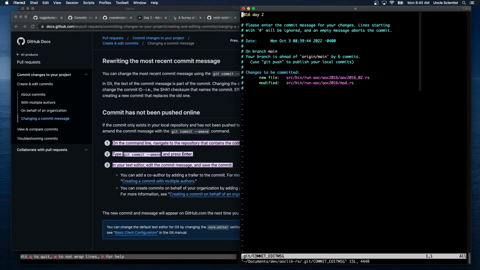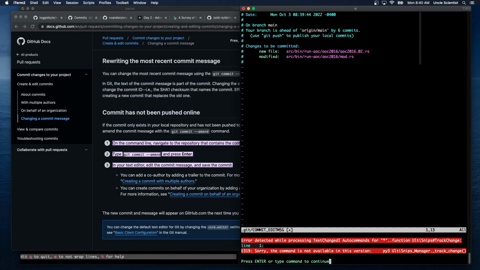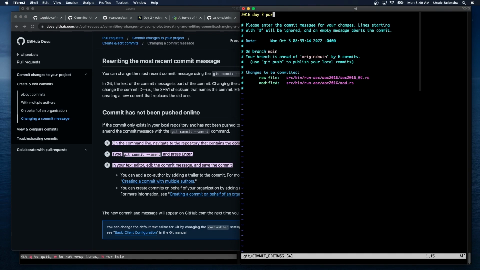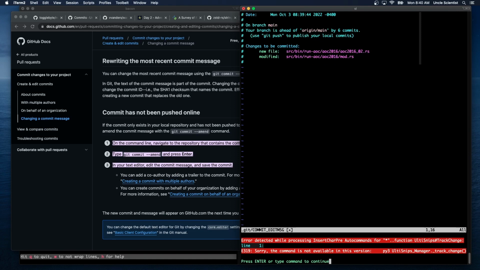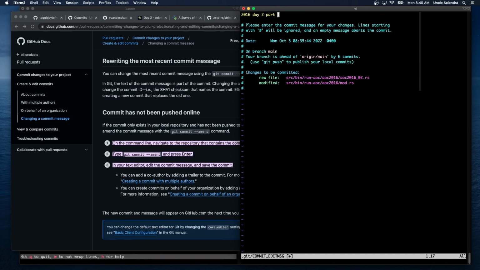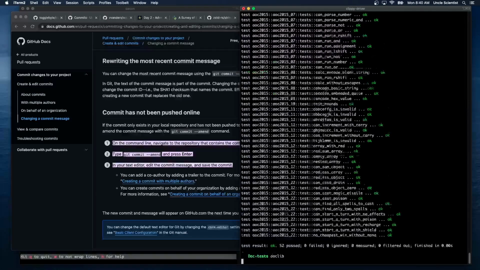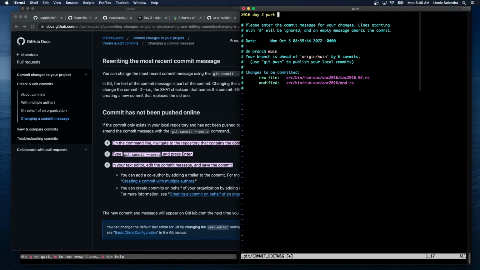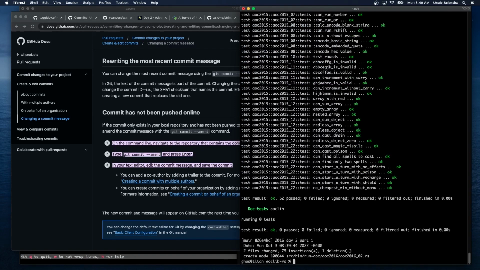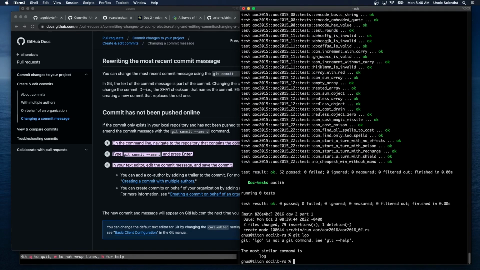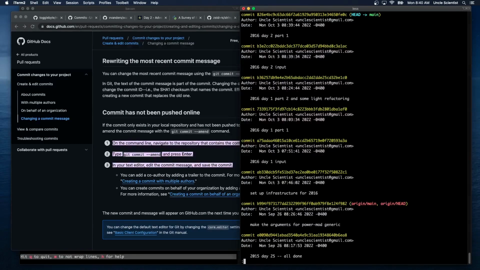Oh, this is annoying. Yep, I know. I gotta fix that. Oh, okay. Editor equals nvim. There. Let's try again. Part 1. Here, git log. There we go. Okay. So what is part 2?